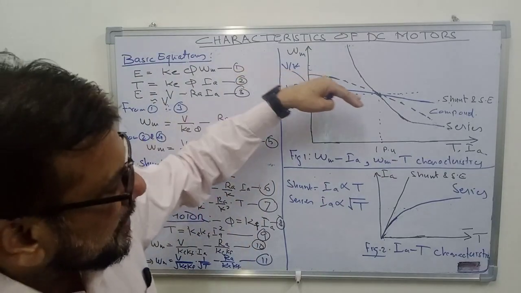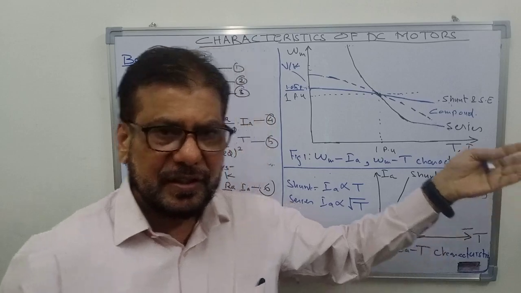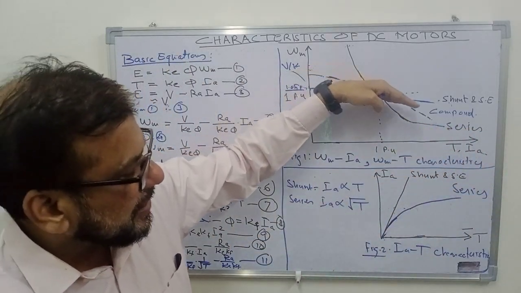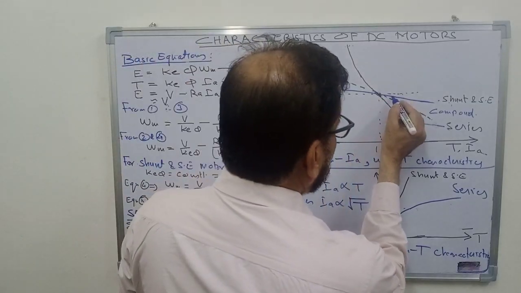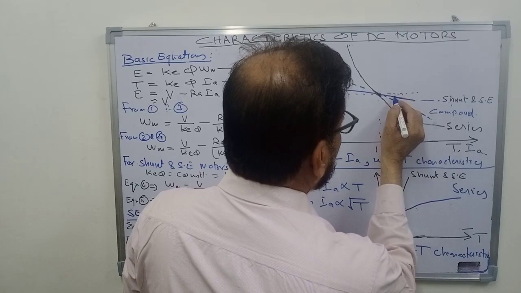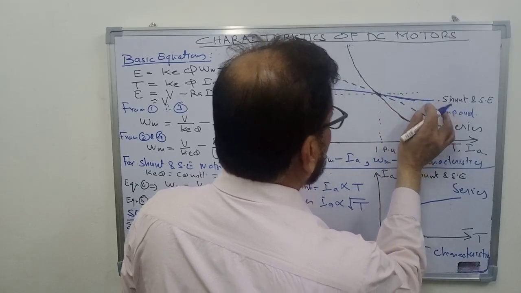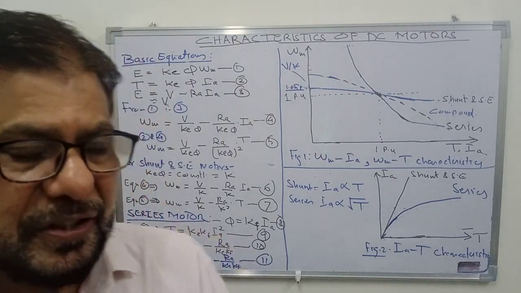So the drop in speed because of armature circuit resistance is partially compensated and the speed becomes slightly higher. So the characteristic will bend slightly upward because of armature reaction like this. So this will be the characteristic of the shunt and separately excited DC motor.